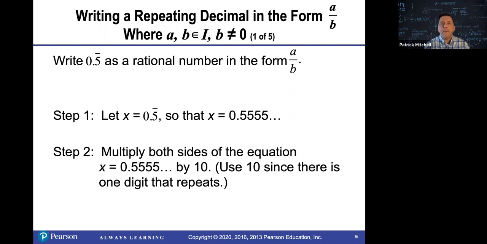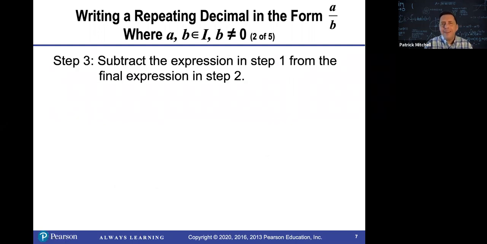So you multiply both sides of this equation by 10, which gives you 10x equals 5.55555 repeating. Remember, multiplying by 10 just moves the decimal point one place to the right. And now, this is a really clever method for solving this problem. I wish I could say I'd thought of it. Subtract the expression in step 1 from the final expression in step 2.